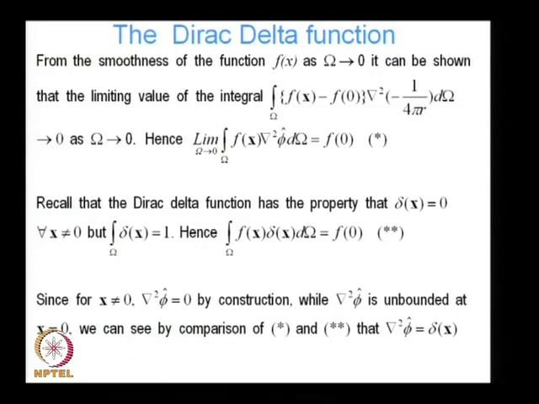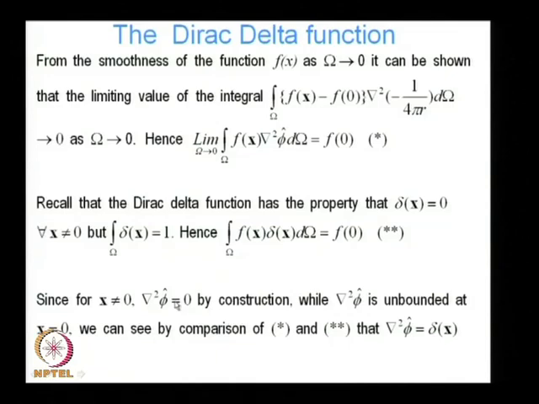But since delta x is 0 everywhere, the value of f of x at any other point other than 0 is not going to count, right, because this is going to give me 0. But at x is equal to 0, it has the value f0, and then it is going to scale the value of the Dirac delta function, and what we are going to get is something like f0, right.